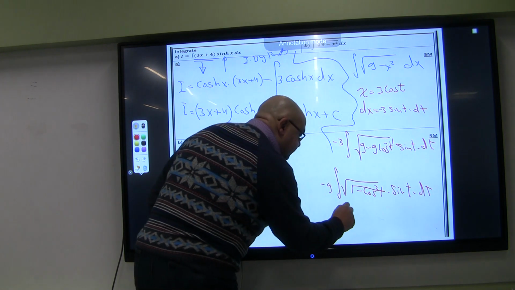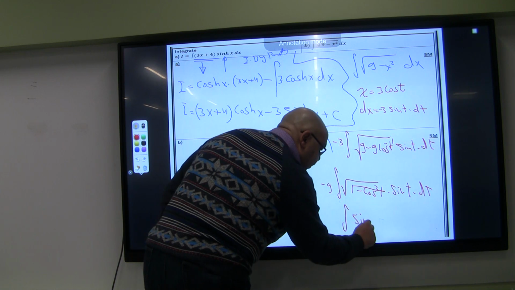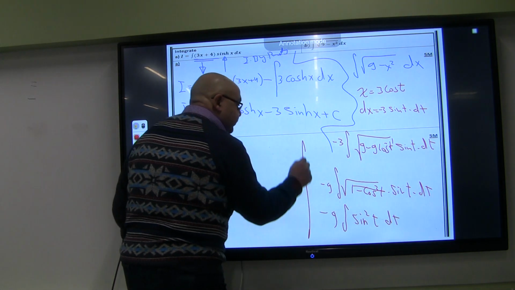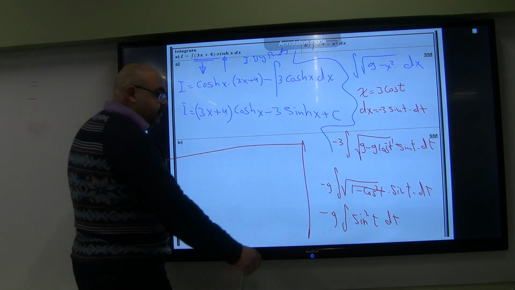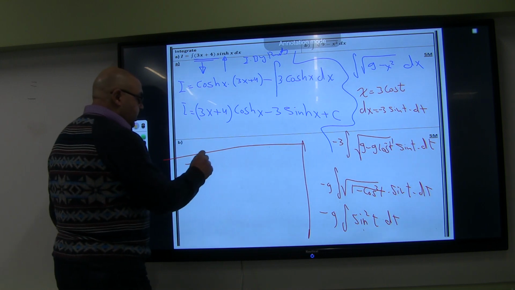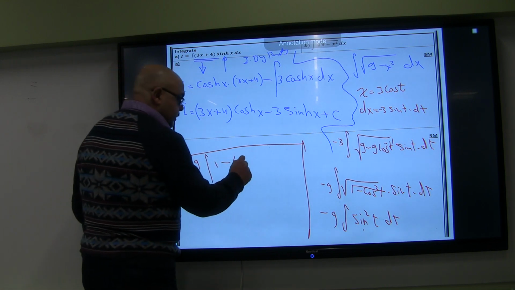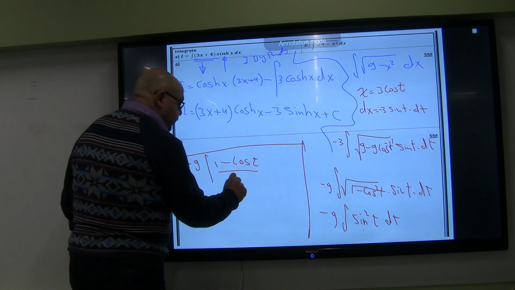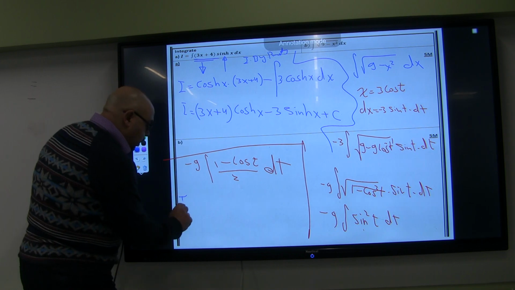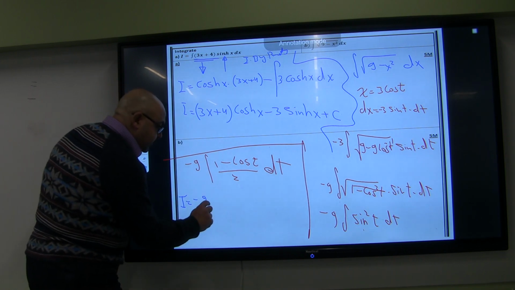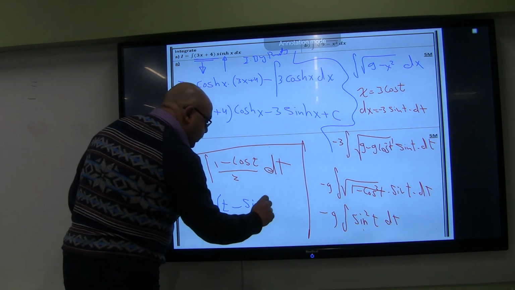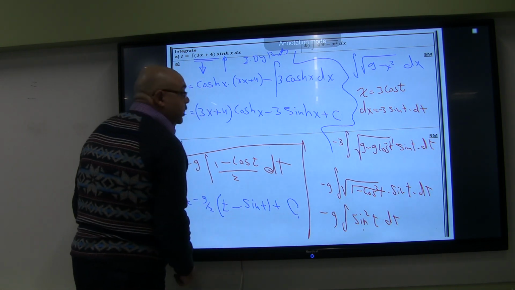It will develop sine, so you will end up integrating sine square t with respect to dt, negative 9. Simply start replacing sine square t by 1 minus cosine 2t over 2, so it's going to be negative 9 integration of 1 minus cosine 2t divided by 2, and then integrate with respect to t. So it's going to be negative 9 over 2, open your bracket, t minus sine t plus a constant.